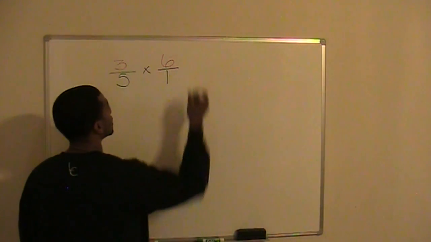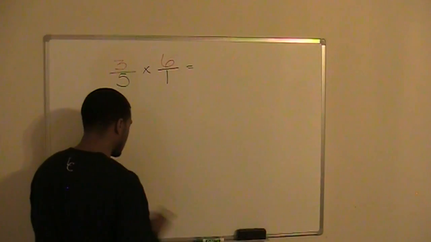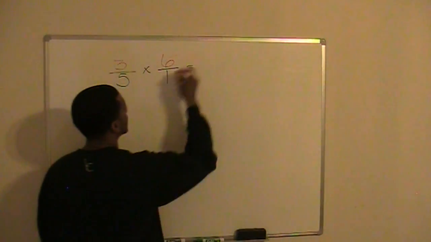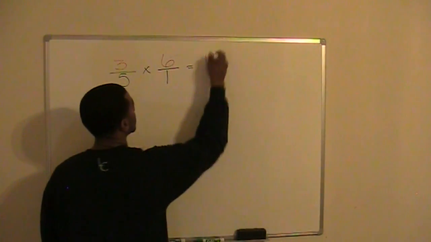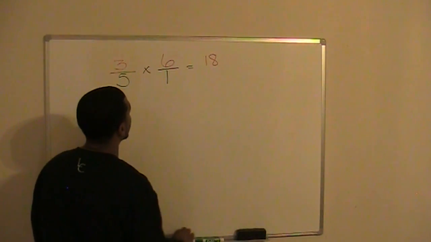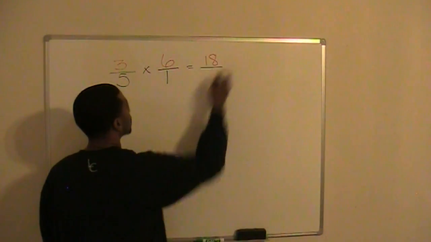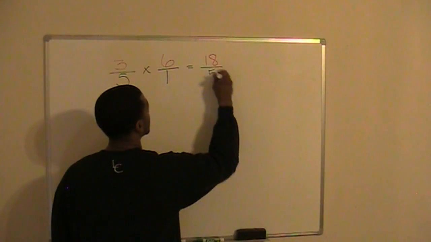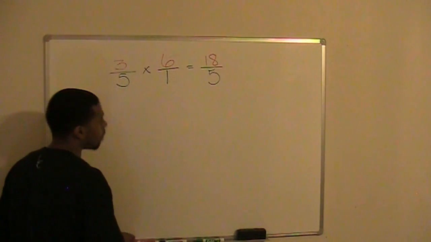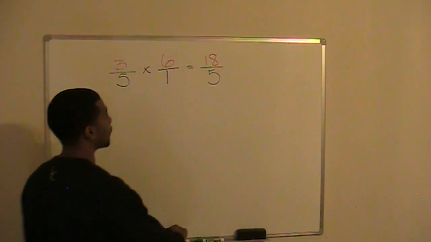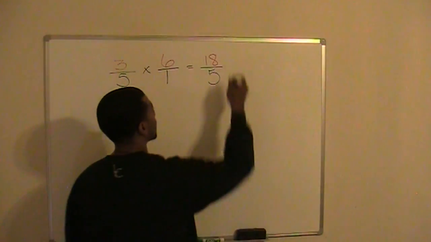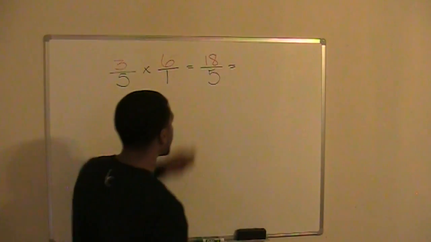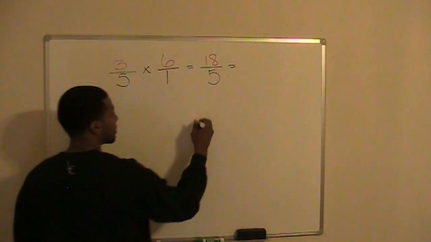So I have 3 times 6, which will give me 18. And then I have 5 times 1, which will give me 5. Now I have 18 over 5, or 18 divided by 5.